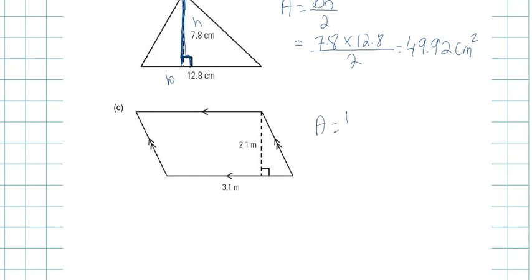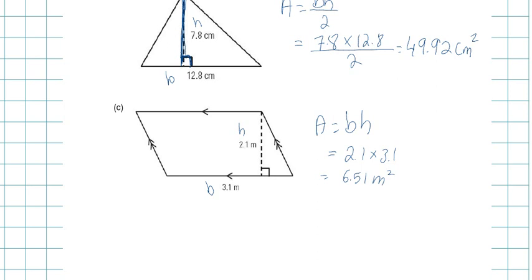Your height is the perpendicular line, so this is your H. This is your base. And then they're both in the same unit. They're both in meter. All what I have to do is multiply and find my answer. And again, your unit is meters squared.